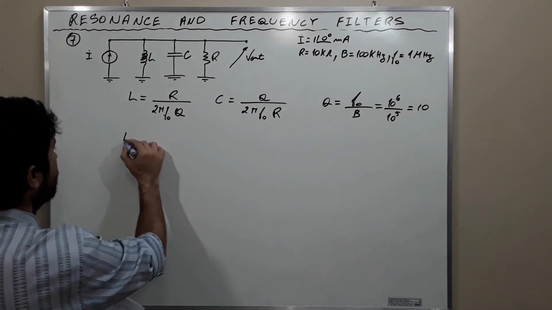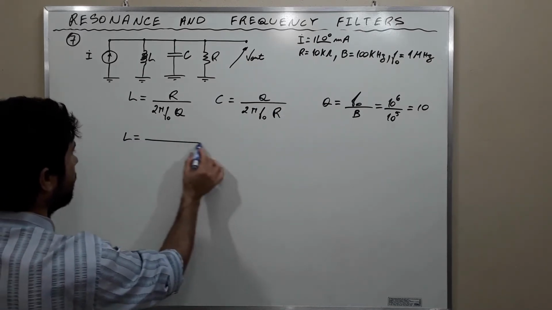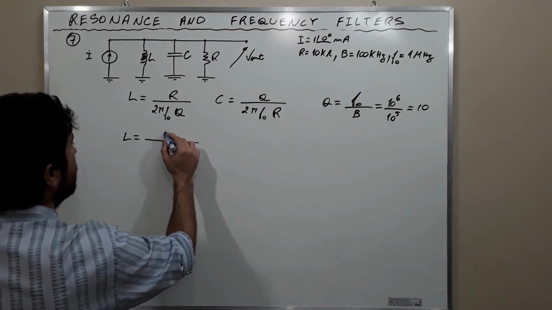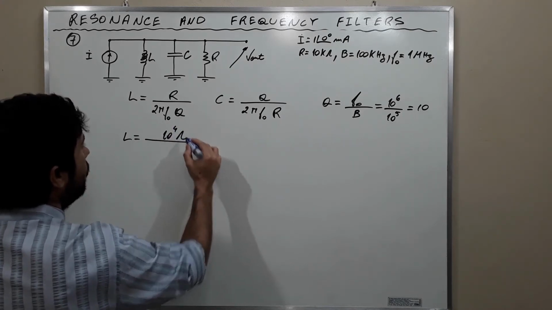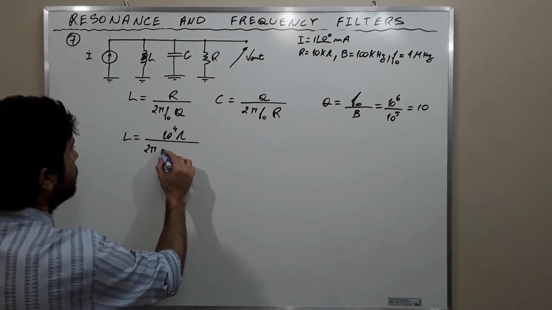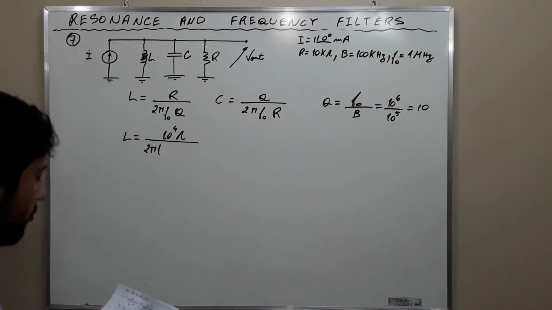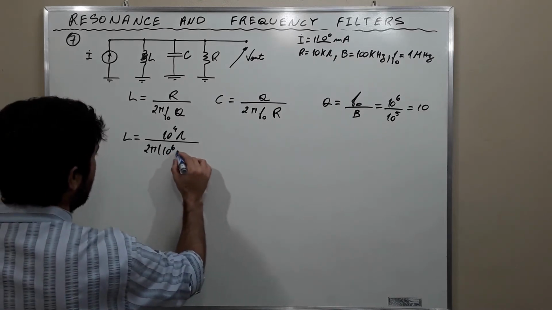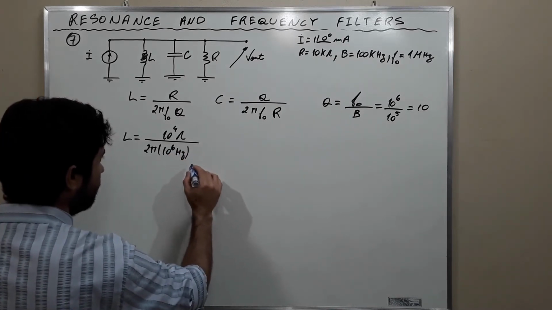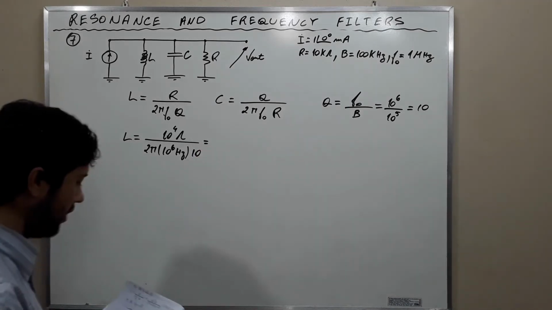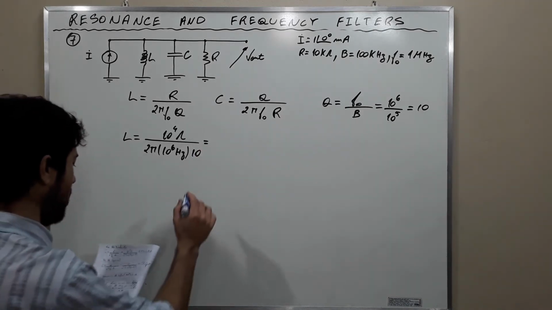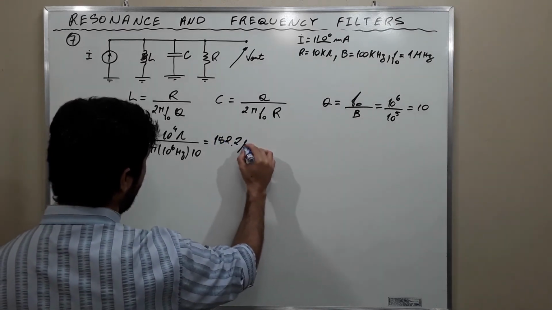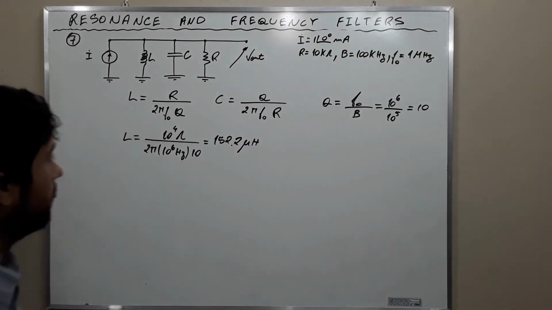L is going to be equal to the value of the resistance, which is 10 to the 4th ohms, divided by 2 times pi times the resonant frequency, which is 10 to the 6th hertz, times 10, which is the quadratic factor, and we find a value of 152.2 microhenry.